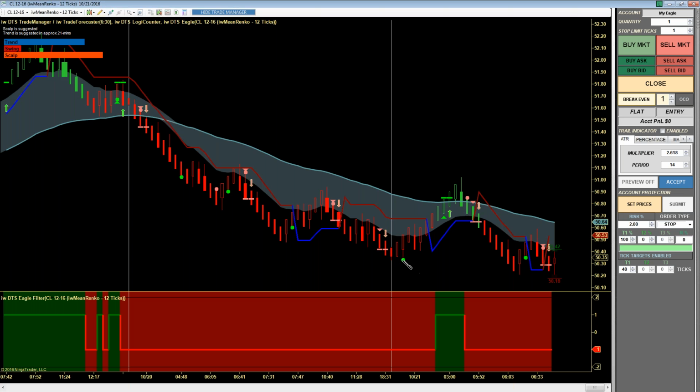You could, I suppose, see this maybe as a little bit of an expanding triangle, something like that. Why is that important, you say? Well, very often the market will reverse off of an expanding type formation.